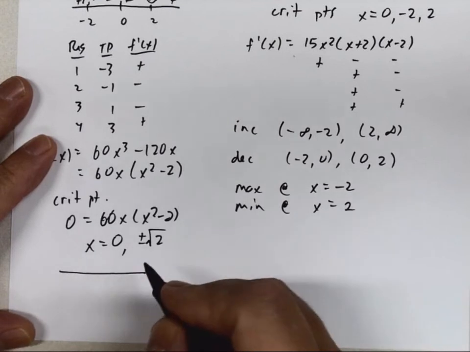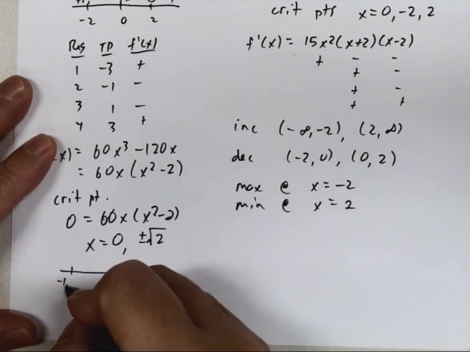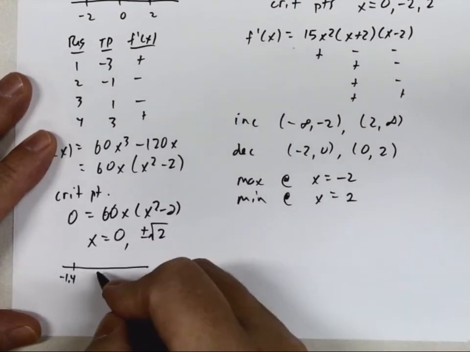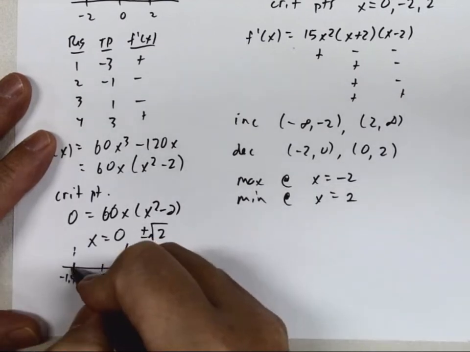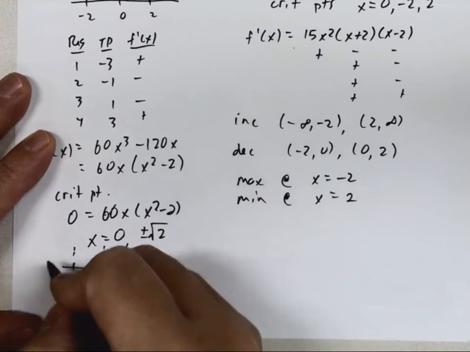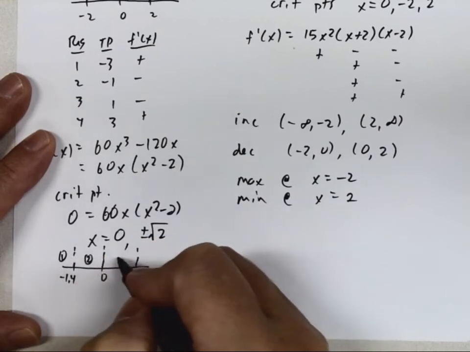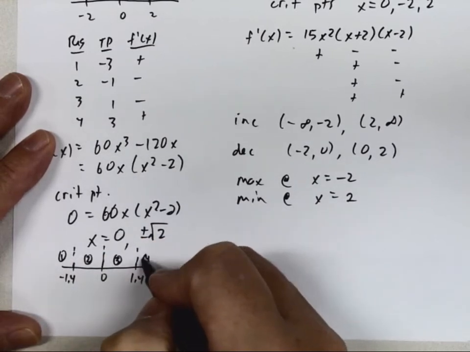So negative 1.4, which is negative square root of 2, 0, 1.4. 4 regions.